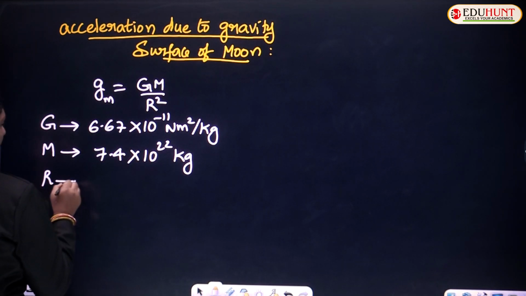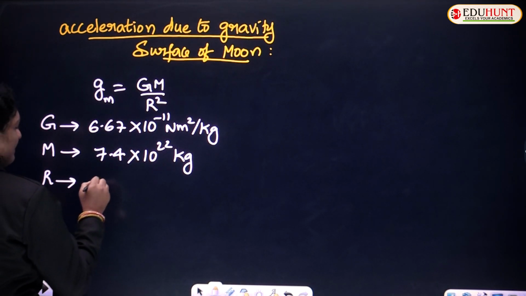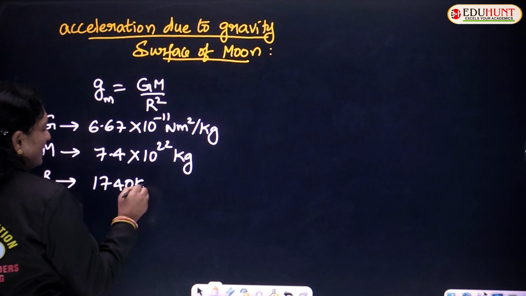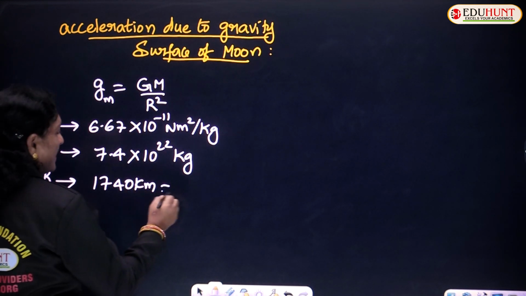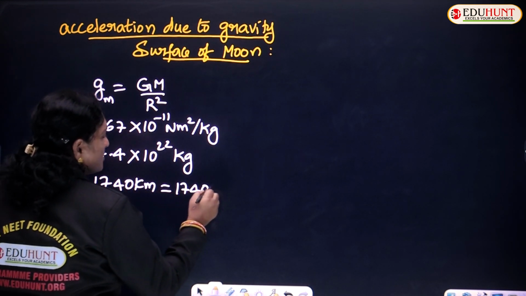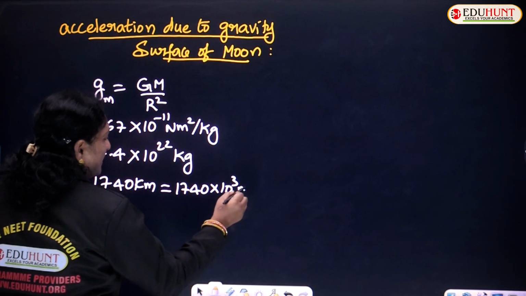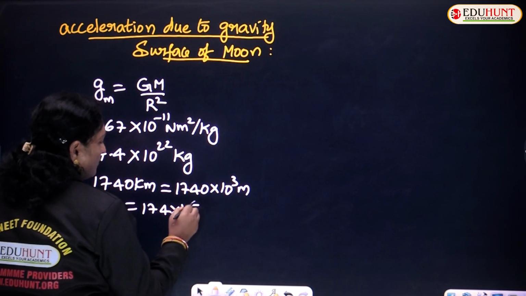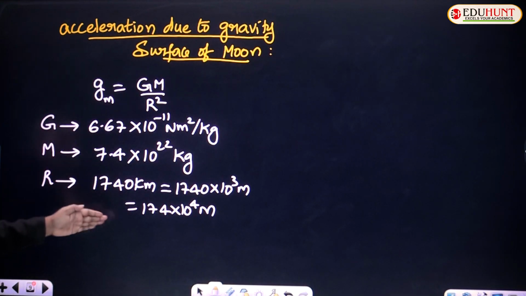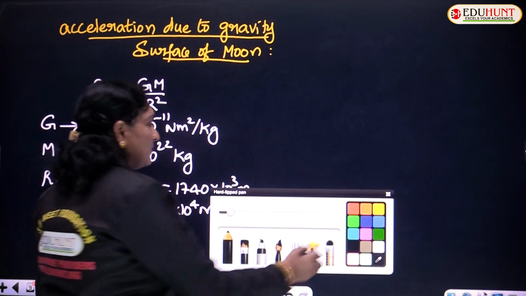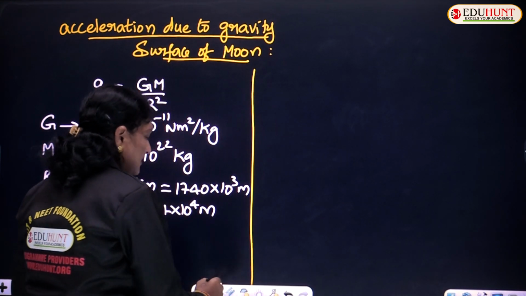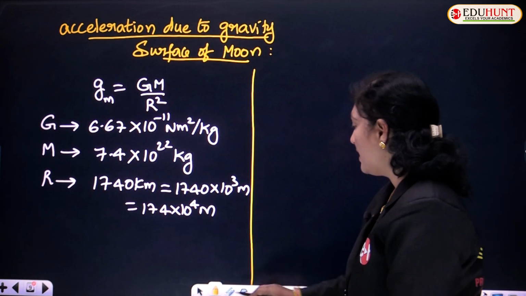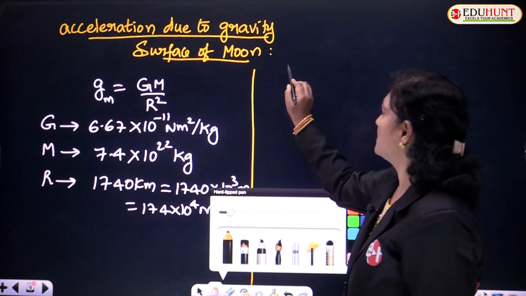The radius of the moon is found to be approximately 1740 kilometers, and this can also be written as 1740 into 10 power 3 meters or 174 into 10 power 4 meters. So, taking all the values and substituting in the above equation, let us find the value of acceleration due to gravity on the surface of the moon.